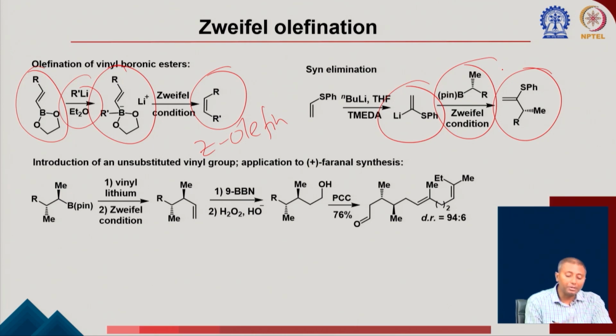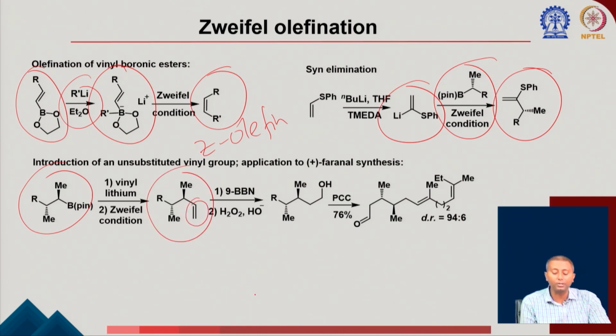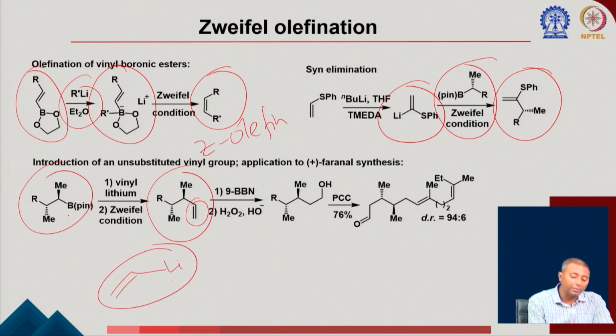The other example, you can take this type of chiral boron compound with vinyl lithium, and under Zweifel condition you can introduce a terminal olefin. So this is another important thing: in this reaction you can also introduce a terminal olefin by bringing in a vinyl lithium. If you have a chiral boron compound and take a vinyl lithium, that will form the boron ate complex.